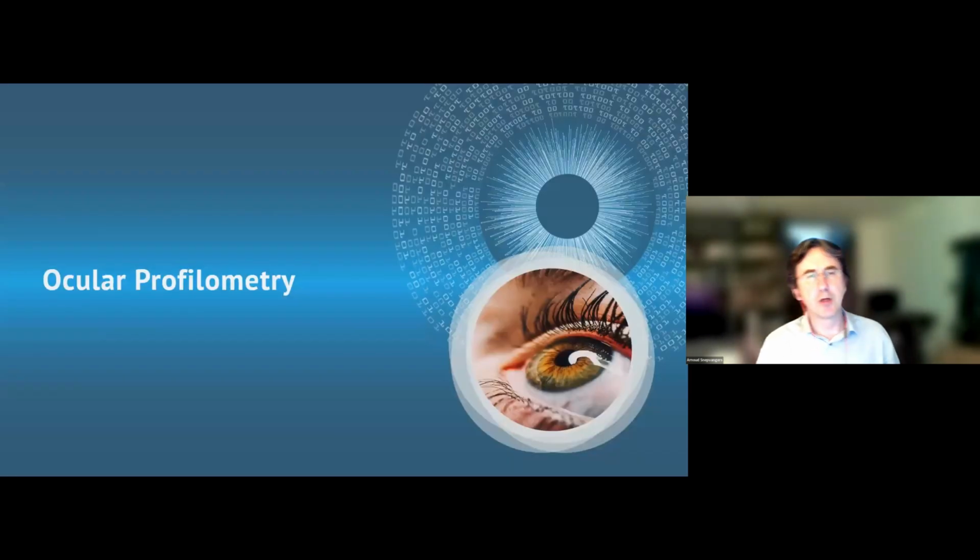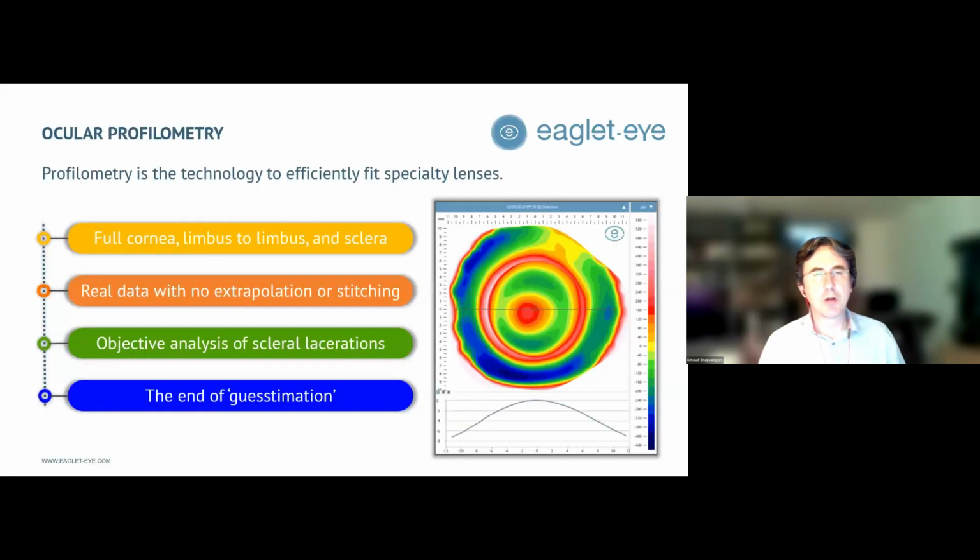So what is ocular profilometry? Ocular profilometry is full front surface measurement of the eye. That means the cornea, always limbus to limbus, and then up to 20 millimeters of the sclera as well. And the eye surface profiler does that without any extrapolation in a single shot.